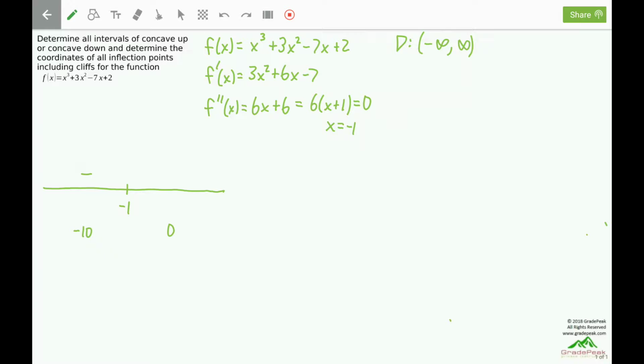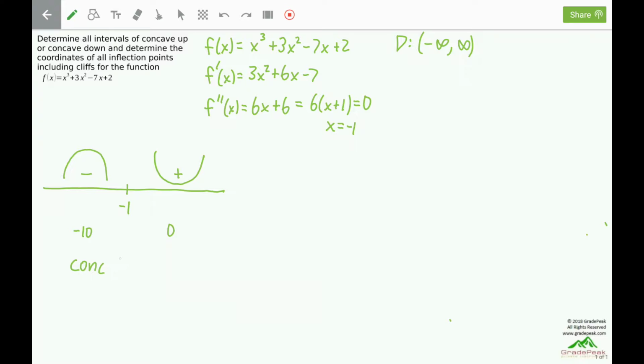We have a negative second derivative. This corresponds to concave down. We can now plug in the test value of 0 into the fully factored version of the second derivative. 0 plus 1 is positive, times a positive 6 is still positive. We have a positive second derivative. This corresponds to concave up.